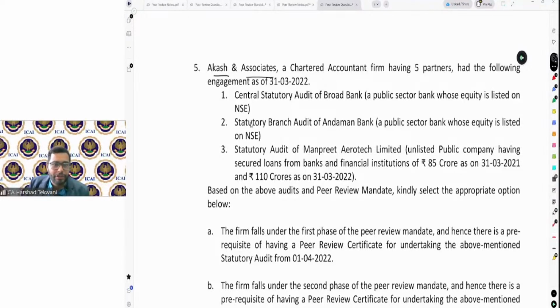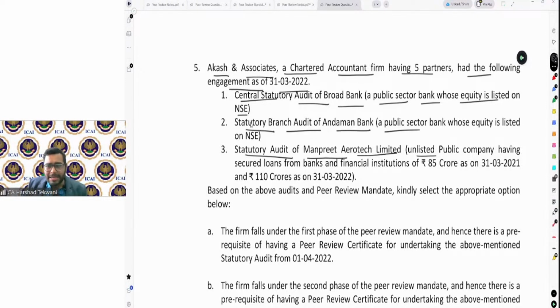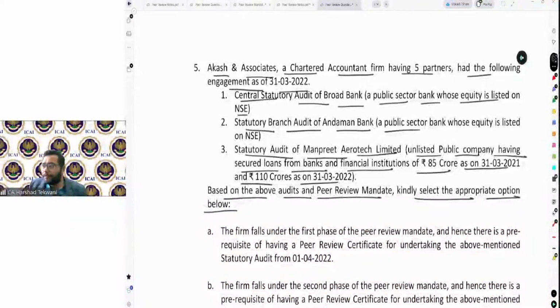Akash and Associates, a chartered accountant firm having 5 partners, had the following engagements as on 31/3/2022. Central Statutory Audit of Broadbank, a public sector bank whose equity is listed on NSE. Statutory Branch Audit of Andaman Bank, a public sector bank again. Statutory Audit of Manpreet Aerotech Limited, an unlisted public company having secured loans from banks and financial institutions of 85 crore as on 31/3/2021. Under which phase of peer review mandate will the firm fall?